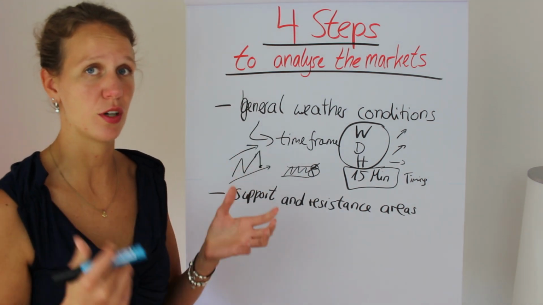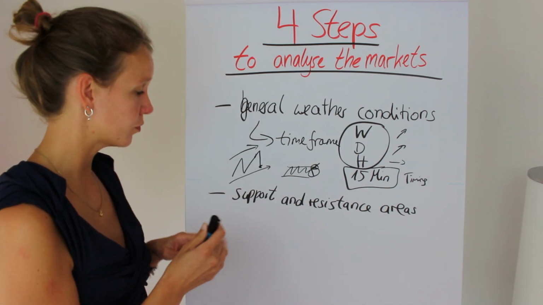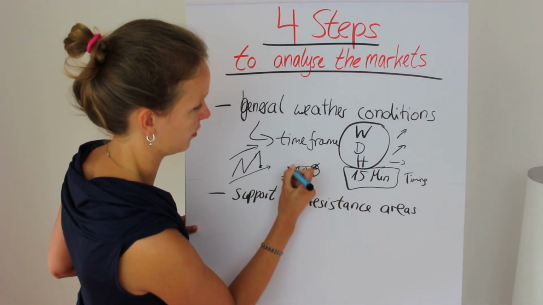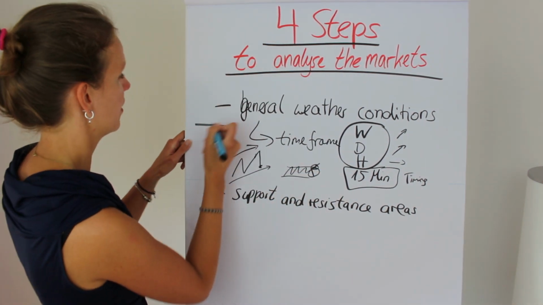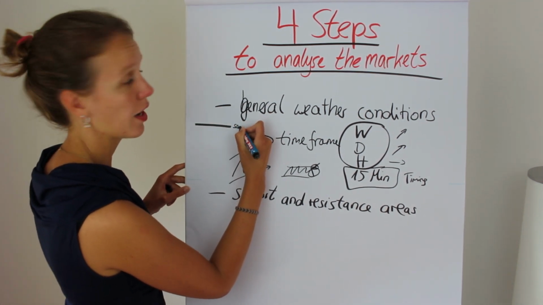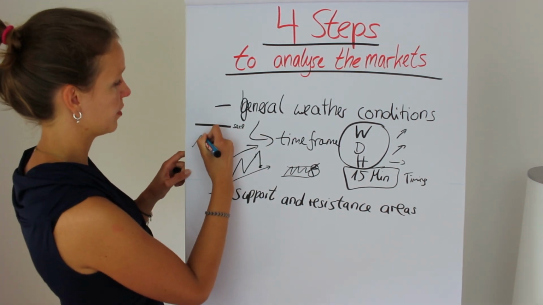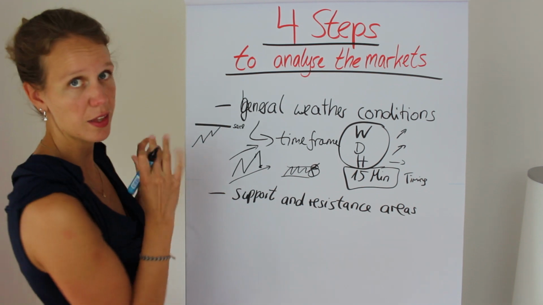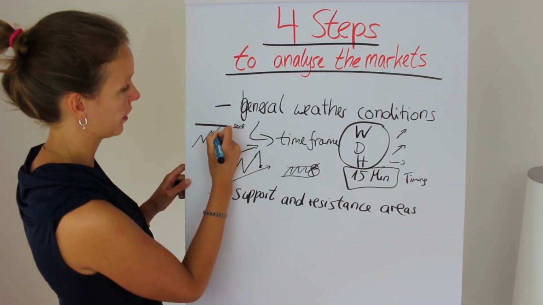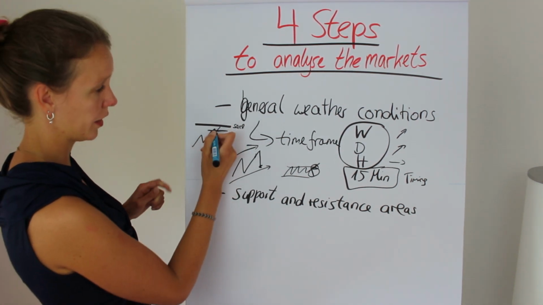Why is that important? Because you don't want to trade in the wrong direction. For example, let's say we're here at this point, and I will make a new drawing. This is a high potential turning area because we have a really strong support and resistance level here. The market is making this movement and you think, okay, this is an upwards movement, and you're entering the market right here, for example, because you're waiting until it's making a new high.